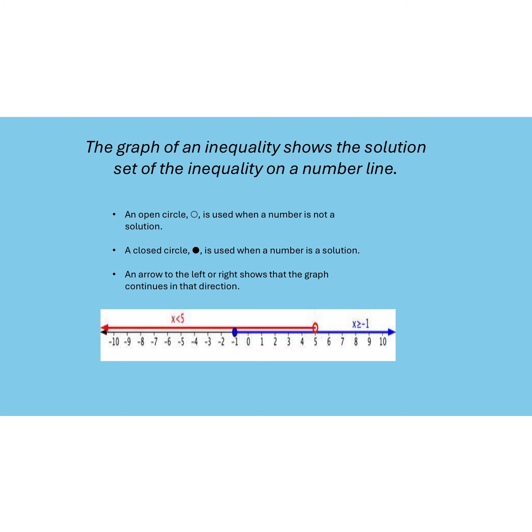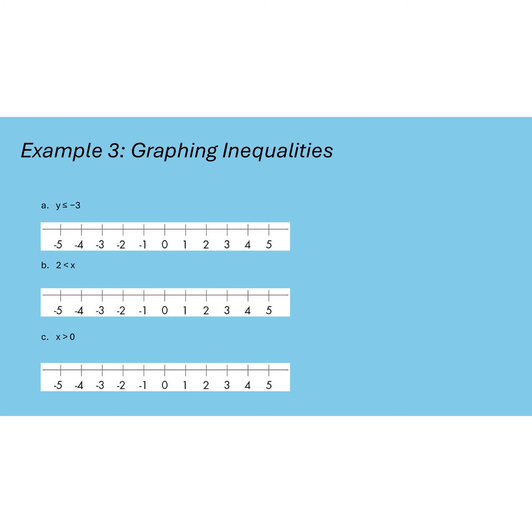An arrow to the left or right shows the graph continues in that direction. So if you have an open circle, what does it mean? Is it a solution or not a solution? Not. And if it's closed, is it a solution or not? Now, one thing I want you guys to pay attention to, on the next slide: when you have the variable first, this is going to be an example.